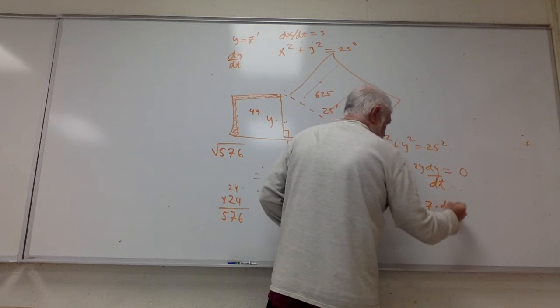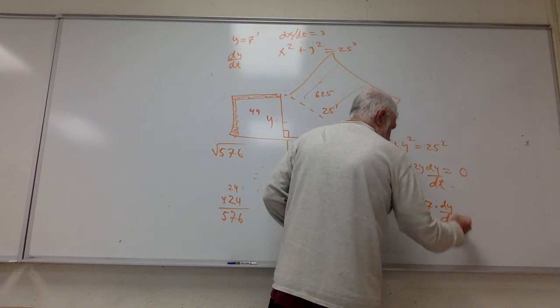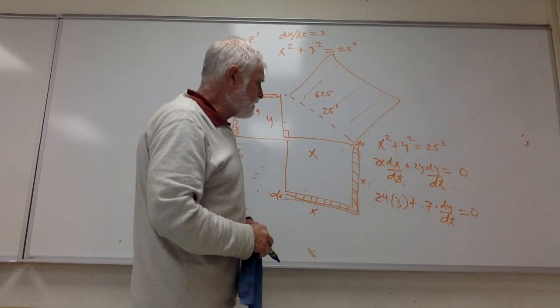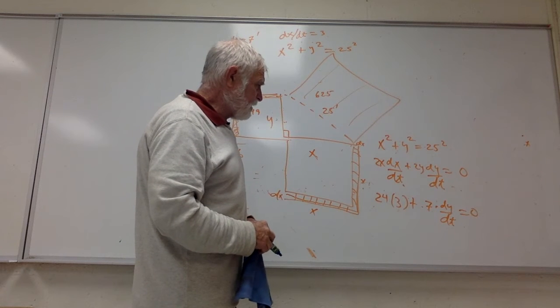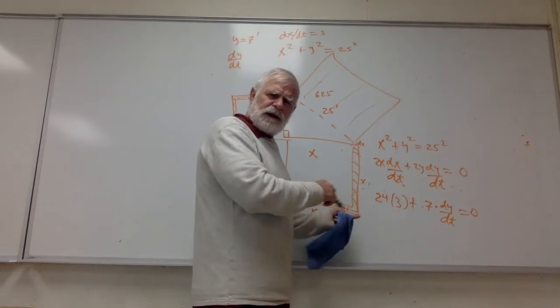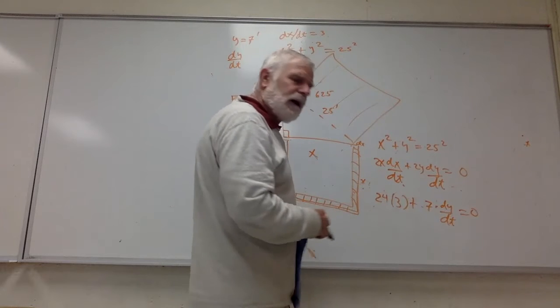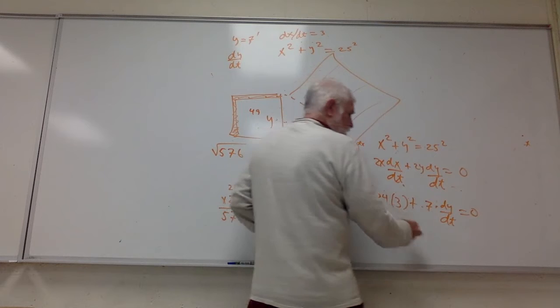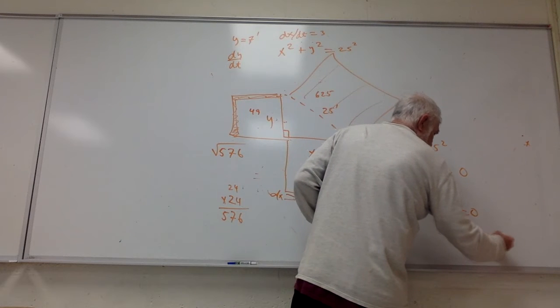And I think we got ourselves a one variable equation. So we got 72 divided by 7. I don't think that was the numbers that I gave you on the test, but same kind of problem. So 72 goes to the other side, becomes negative 72.